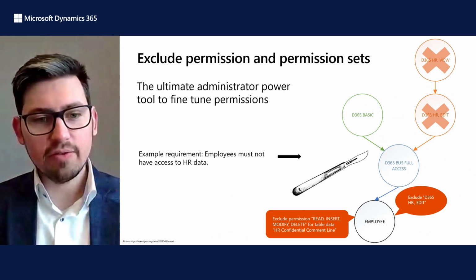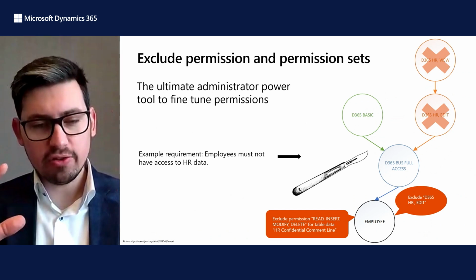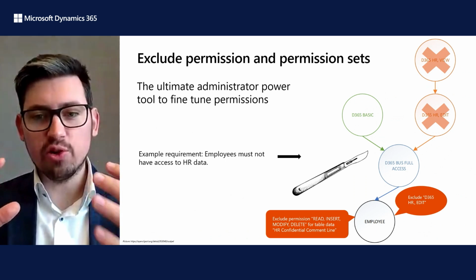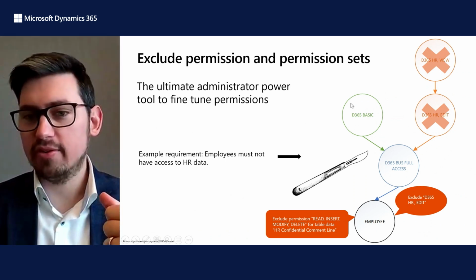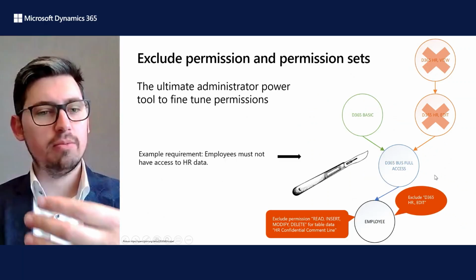In the end, this really allows you to have a fine-grained permissions system for your organization that doesn't include too many rights. For example, in this example, I put that employees must not have access to HR data. So we use our little scalpel and go on each of the permission sets, and then we just remove the different permissions that are not needed for our requirement.